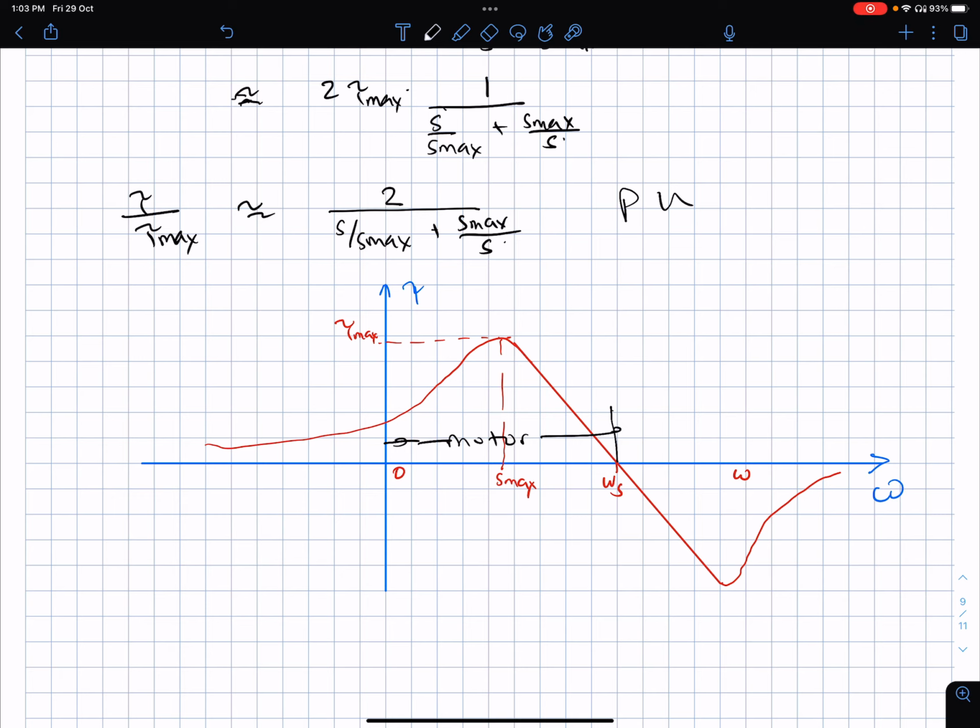The slip, which is omega s minus omega m by omega s, becomes negative if omega m becomes greater than omega s. So the torque will immediately become negative, and torque becoming negative is generator action. It becomes an induction generator now. If you extend, you will get a characteristic which looks similar to this.